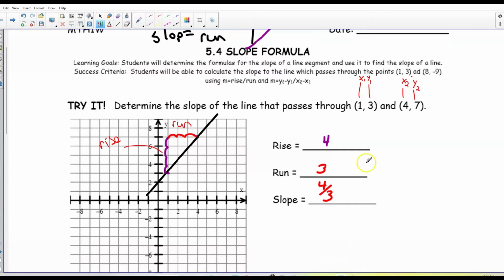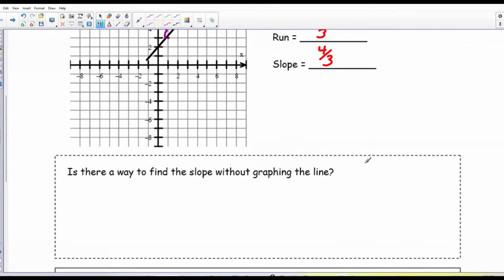So our question is, is there a way to find the slope without graphing the line? And our quick answer is yes, there is. And of course there is, otherwise we wouldn't be asking the question.